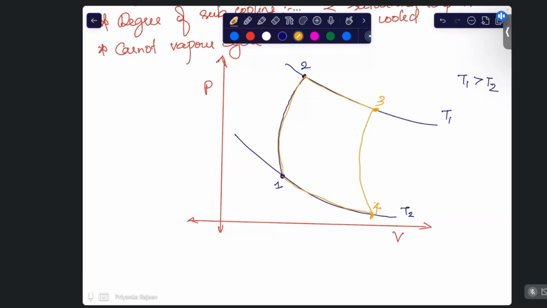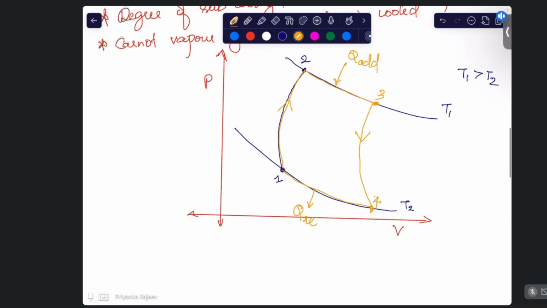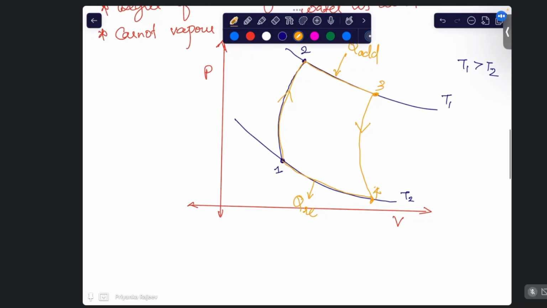So 1 to 2, then 3 to 4 it will be coming. Heat is added at 2 to 3, Q is added, then Q is removed, and these two are adiabatic processes.